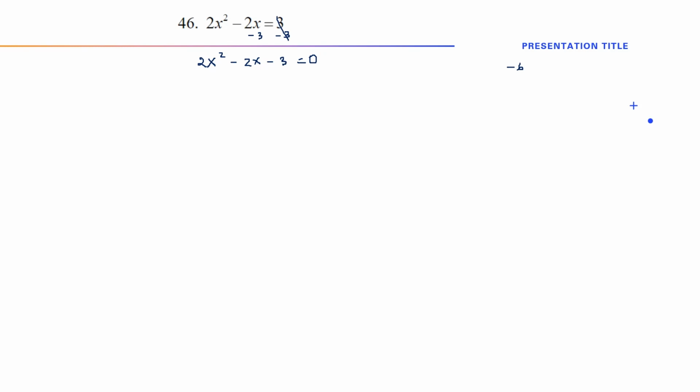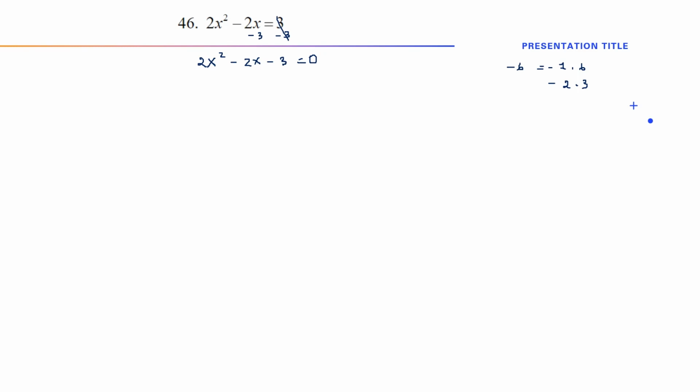So for negative 6, we can have the combinations of 1 and 6, 2 and 3. And they do not add up to negative 2. So we can use the completing the square method.